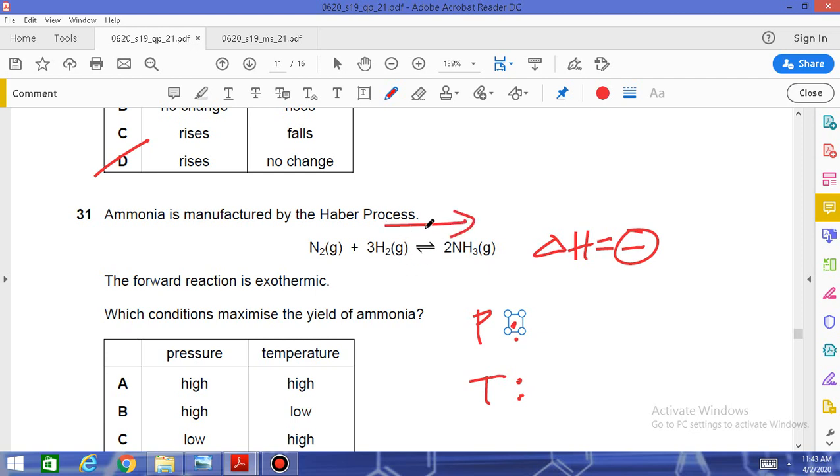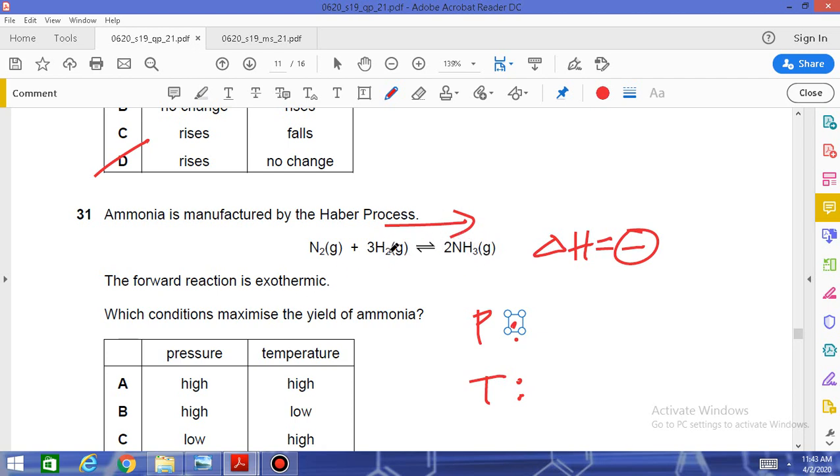Remember, this is a reversible reaction. The reversible reaction can reach equilibrium. Okay, so we have to change the equilibrium shift to maximize the yield of ammonia. The equilibrium must shift to the right. So more ammonia will be produced, more product will be produced.